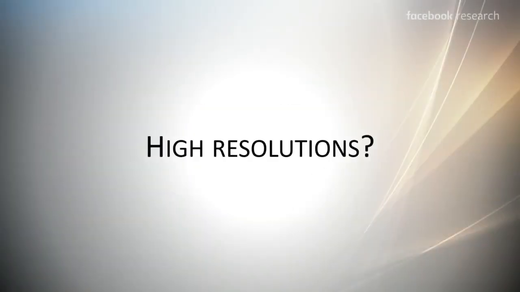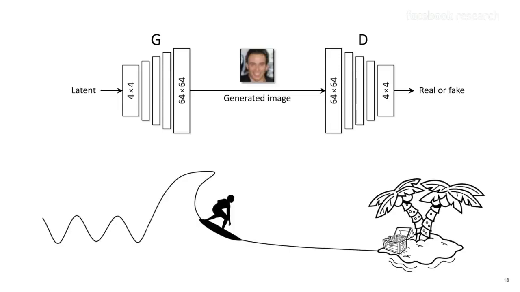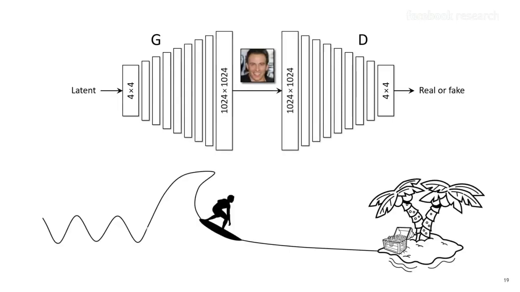What is the problem with high resolutions then? Well, if the resolution is low, then both the generator and the discriminator are rather simple functions, and our picture is accurate. But if we increase the resolution, they become deep networks, and they represent complex functions with shattered gradients.